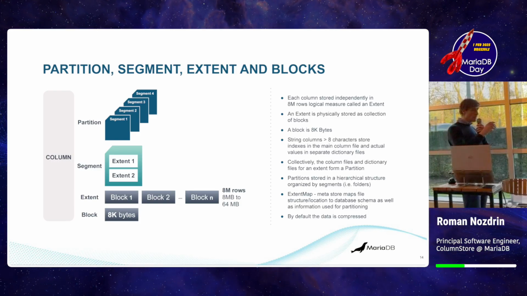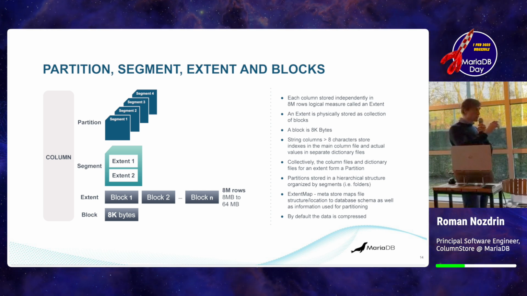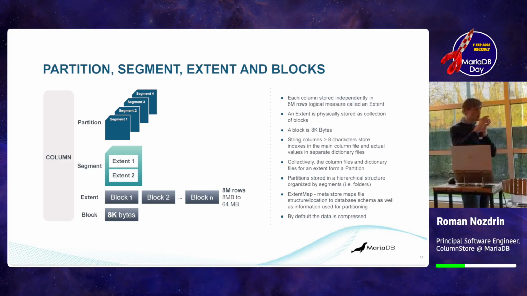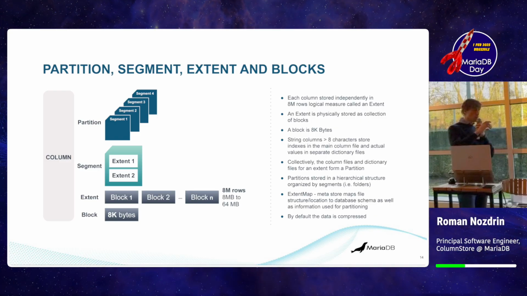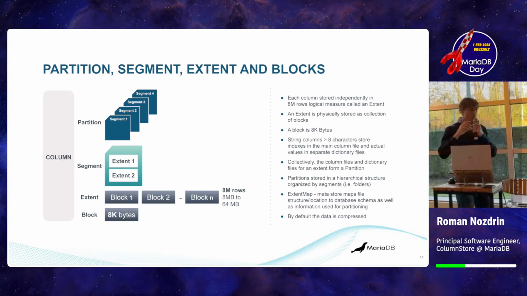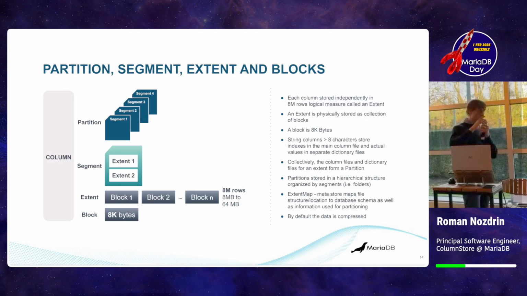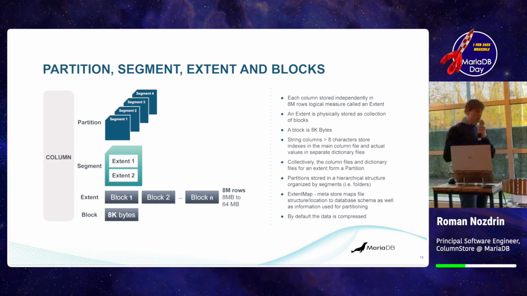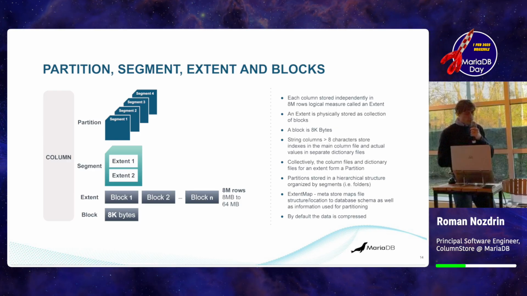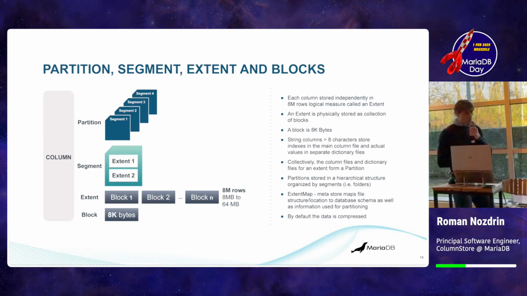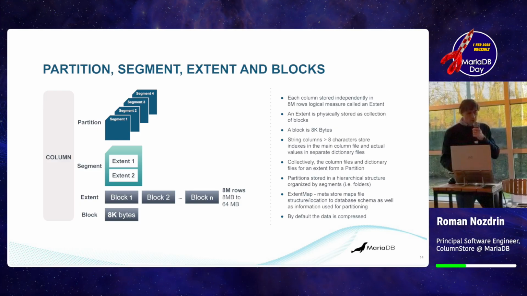When you have, let's say, 50 or 100 columns, all these columns have a corresponding segment file that belongs to the row range, let's say, from 0 to 60 million. And this unit, the logical unit of 60 million rows, is called a partition.